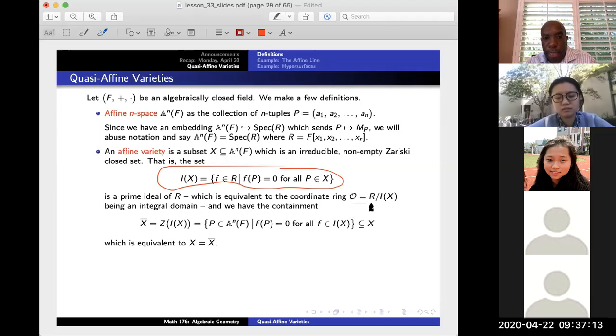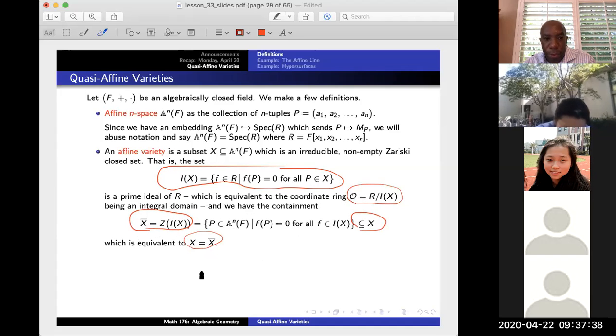That's equivalent to saying that this coordinate ring is an integral domain. And second, we want the Zariski closure to be equal to X. So we want this to be Zariski closed.